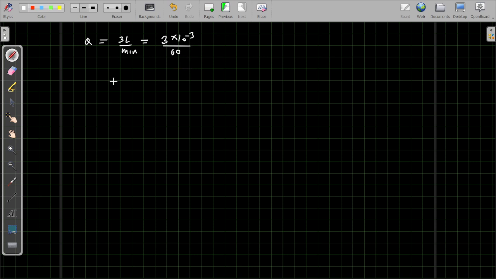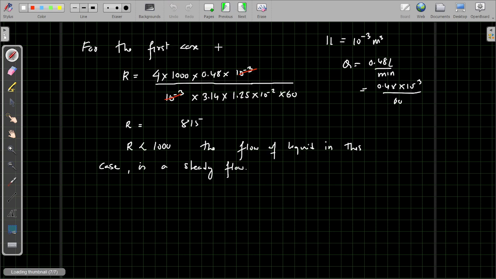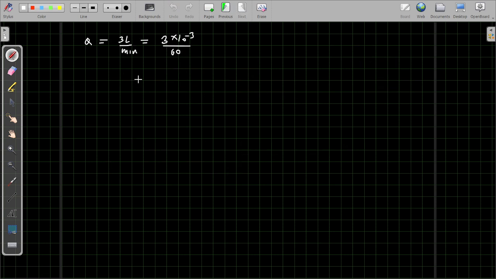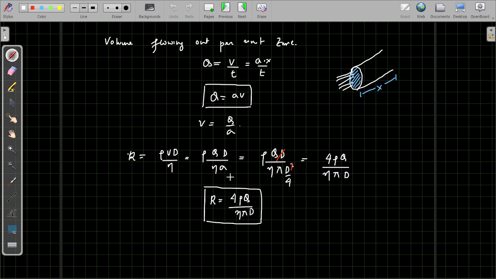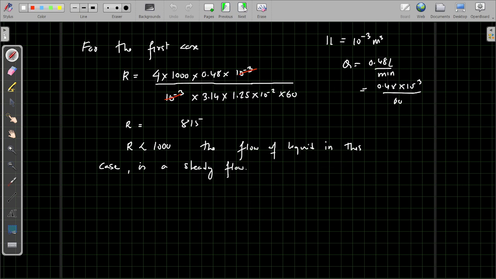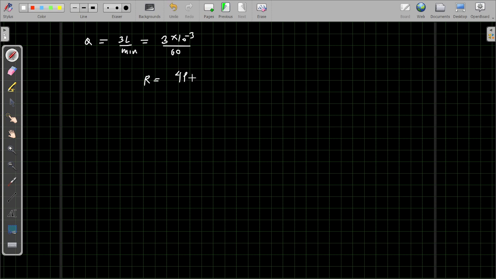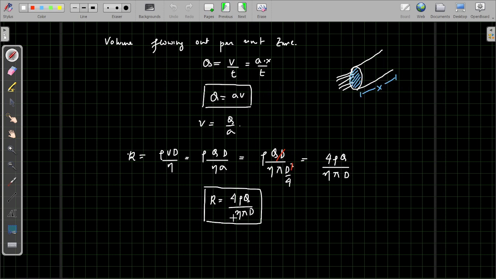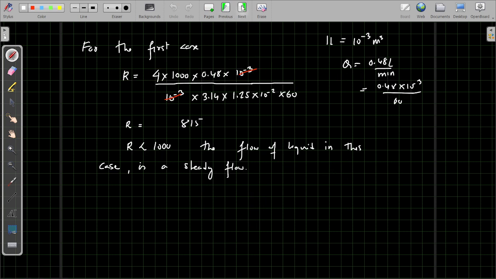So this one, we're going to use it there once again. We're going to take R equal to, we have derived the formula here, 4ρQ by ηπd.